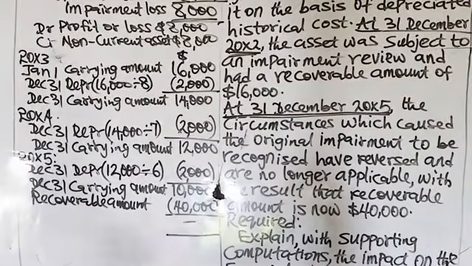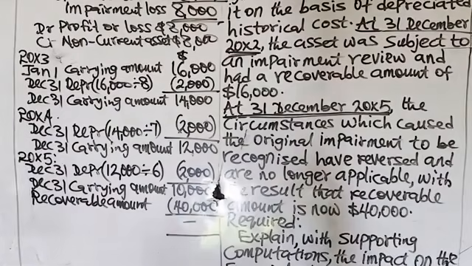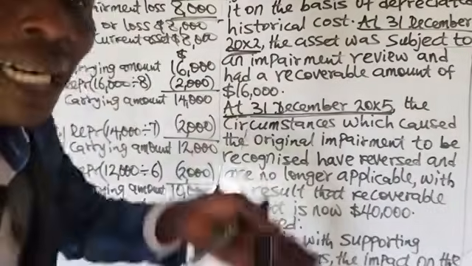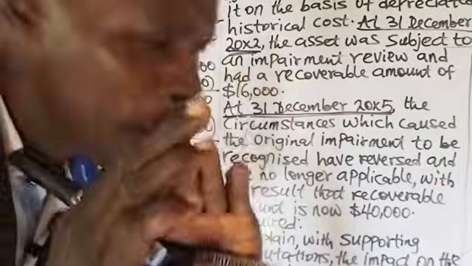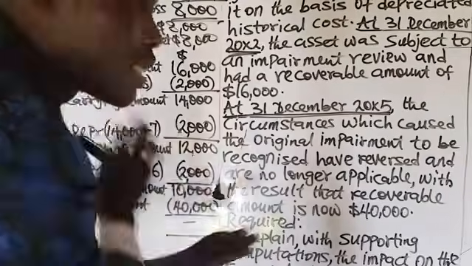So in that case, you will need to follow step number 3. In step number 3, I've told you, you calculate the carrying amount based on the depreciated historical cost. By depreciated historical cost, it means you calculate the carrying amount as if the impairment loss never happened, as if this asset hasn't been impaired at all.